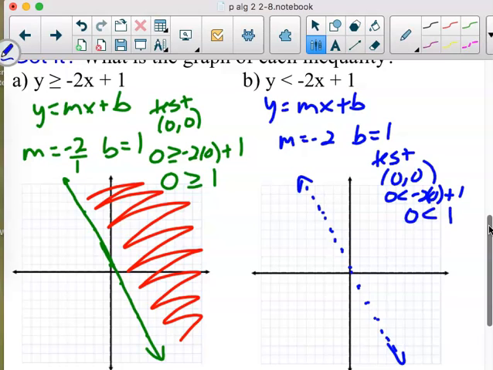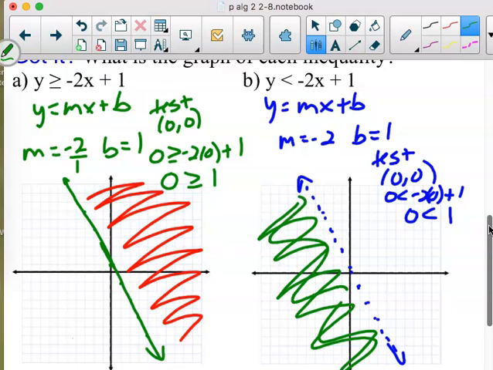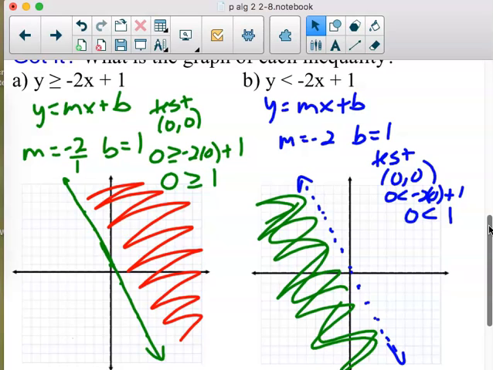That is true. You shade this way. Like so. So far, so good? Piece of cake? Yeah.